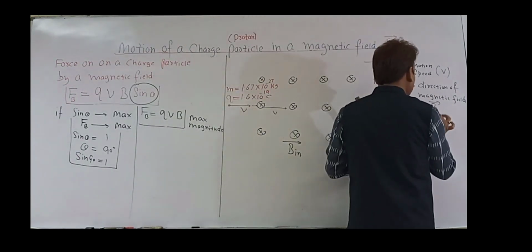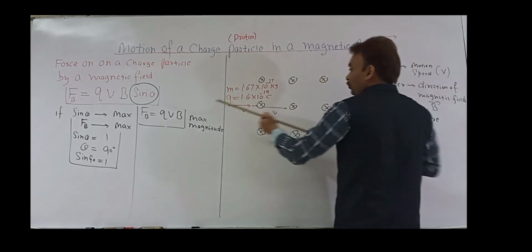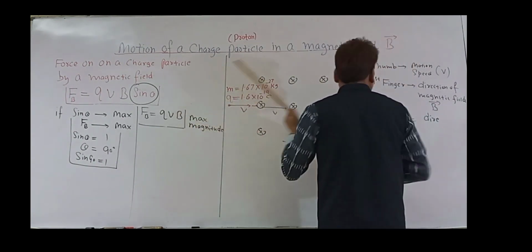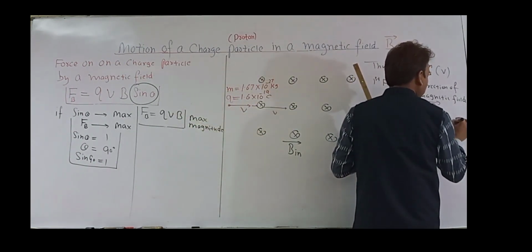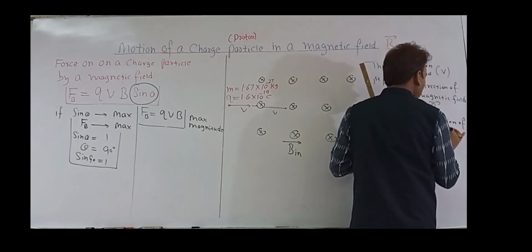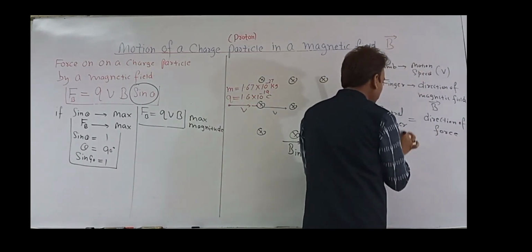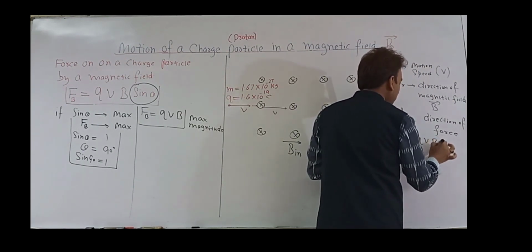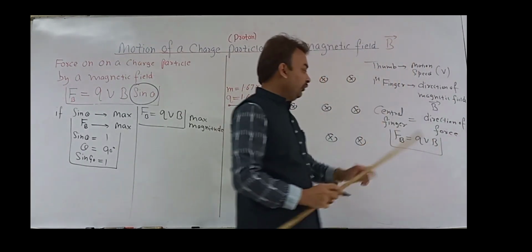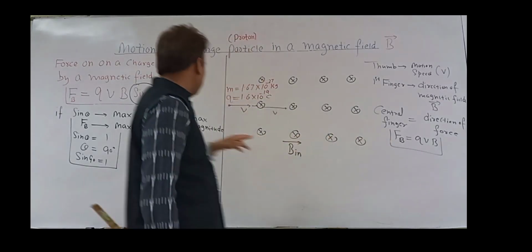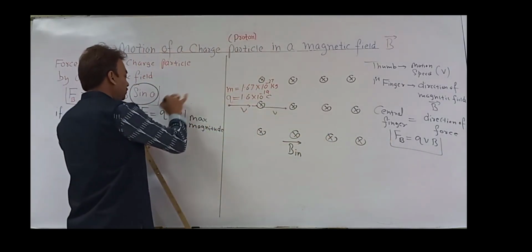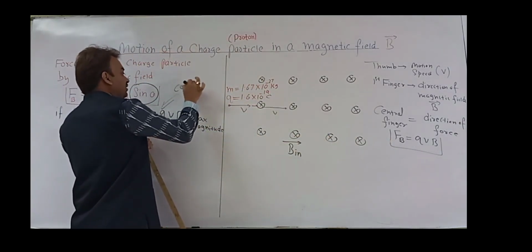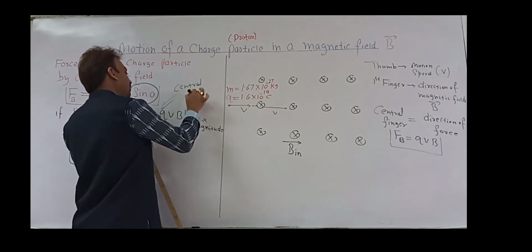The direction of this force on the charged particle. Which force? Magnetic force, that means the direction of Fb is equal to QVB. So the central finger will give the direction of this force.